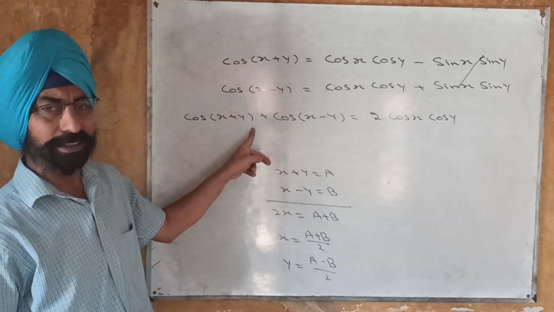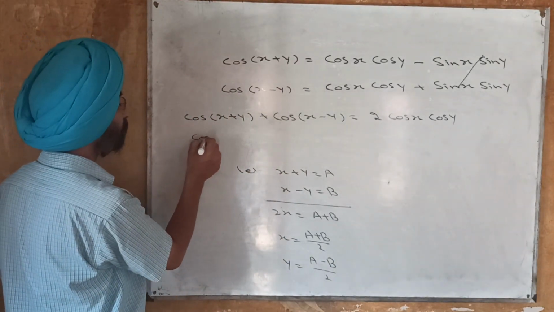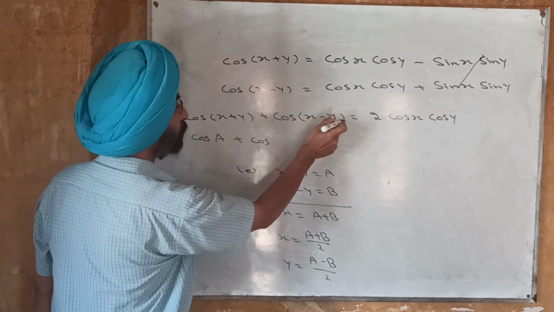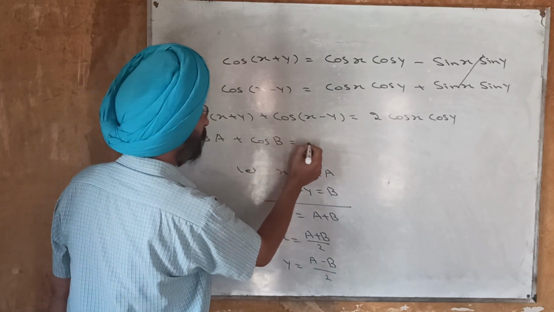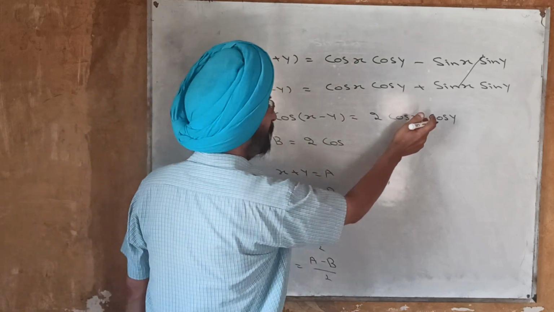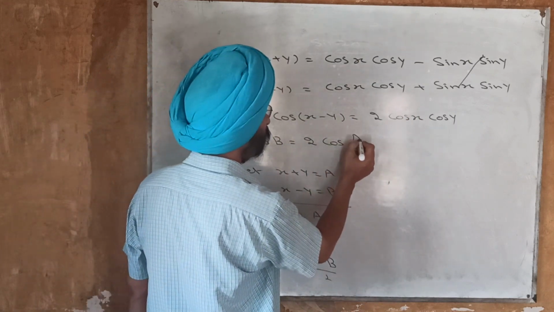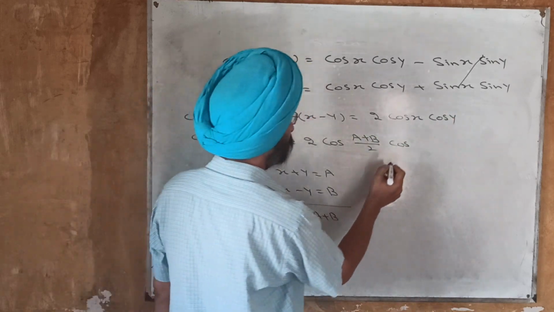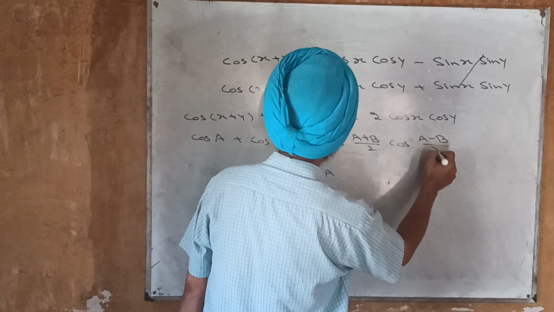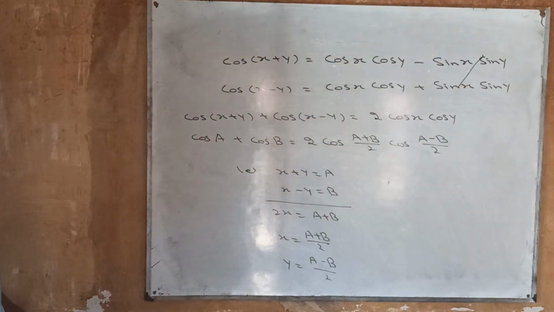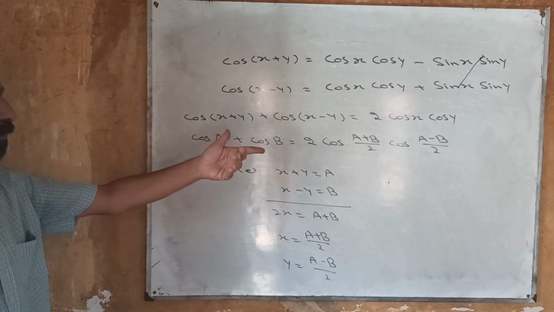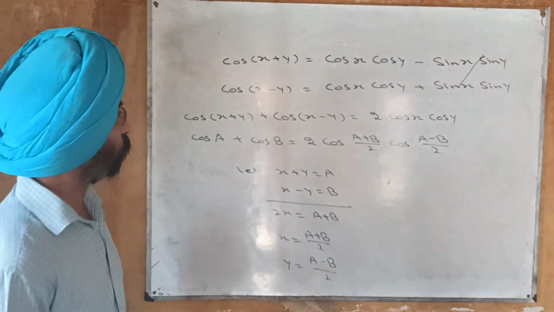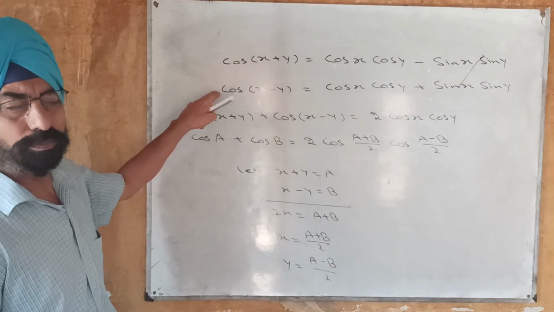Substitute all these values here, so it will become cos a, since x plus y is a, plus cos b, since x minus y is b, is equal to 2 times cos of x, which is (a plus b) by 2, then cos of y, which is (a minus b) by 2. So this is the formula for cos a plus cos b: cos a plus cos b is equal to 2 cos (a plus b) by 2 cos (a minus b) by 2. Here we have added these two.